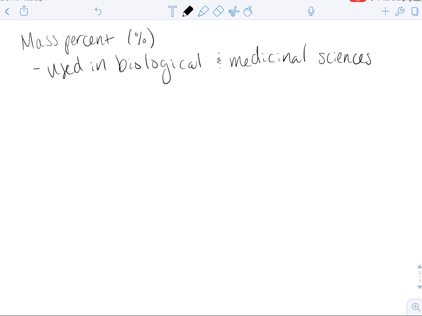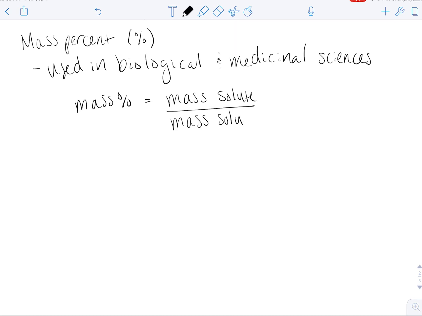Okay. And it is specifically just a percentage. So you have a mass of solute over mass of solution times 100. Only note here is that your masses have to be the same unit because they're going to cancel out.